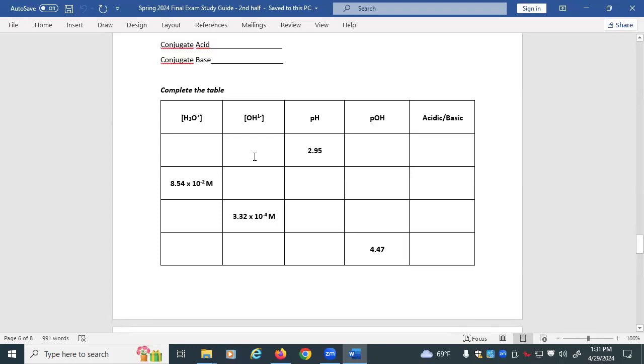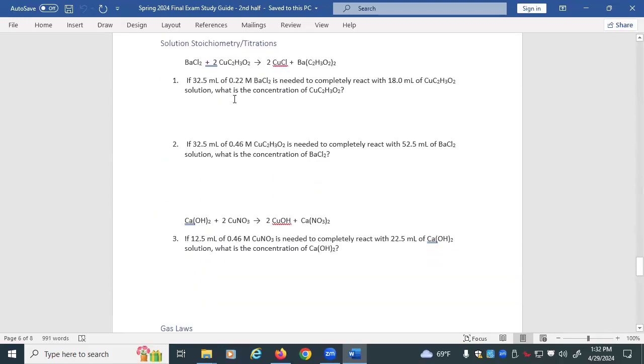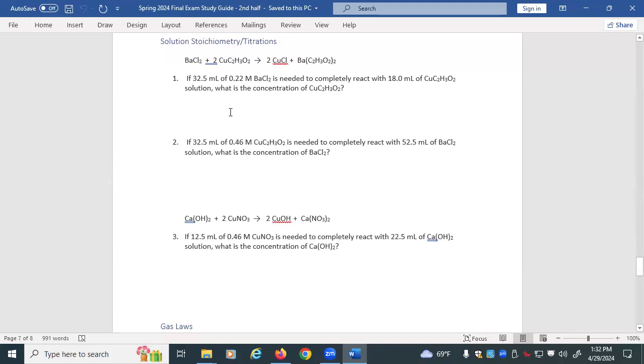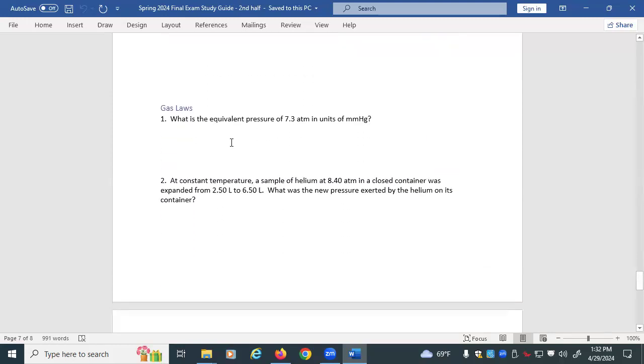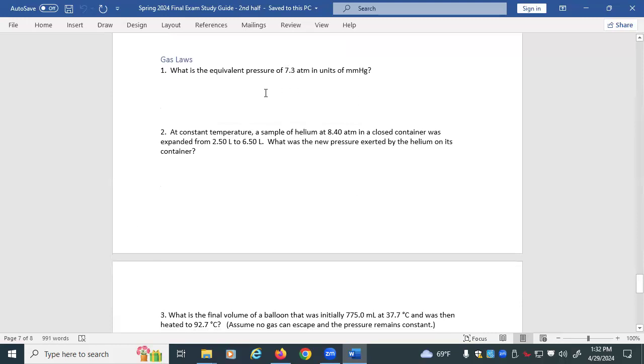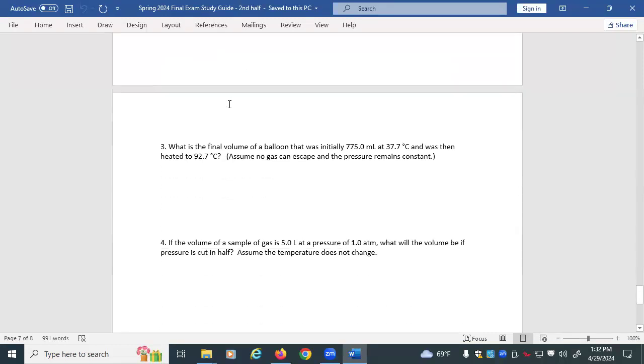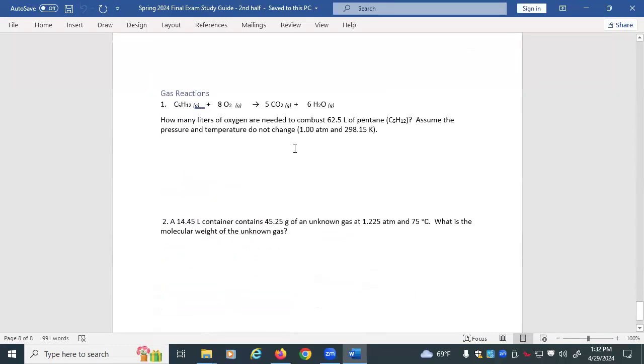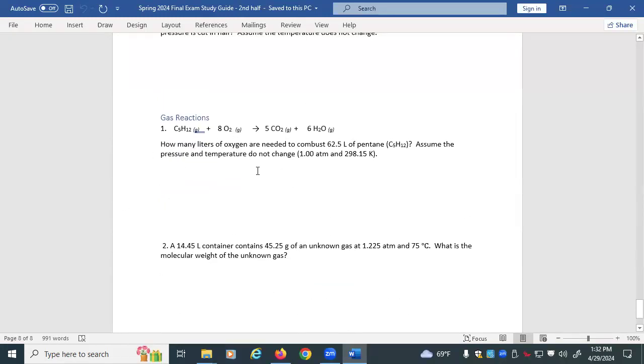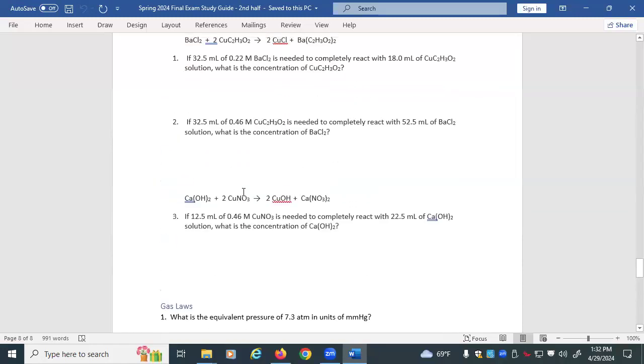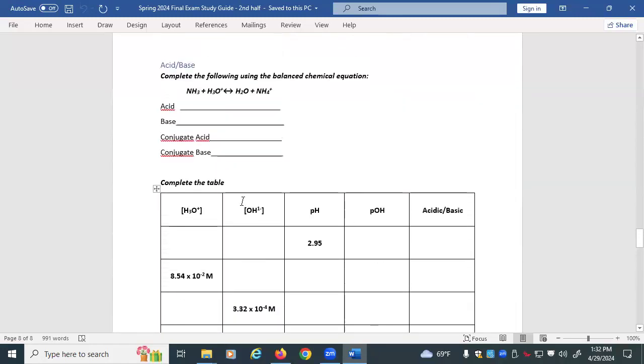Calculation tables, very similar to what we just had on exam 3. Being able to do solution stoichiometry or titration kinds of calculations using that titration equation. Being able to convert in gas laws and use the gas laws appropriately. And then doing some simple stuff with gas reactions and the ideal gas law.